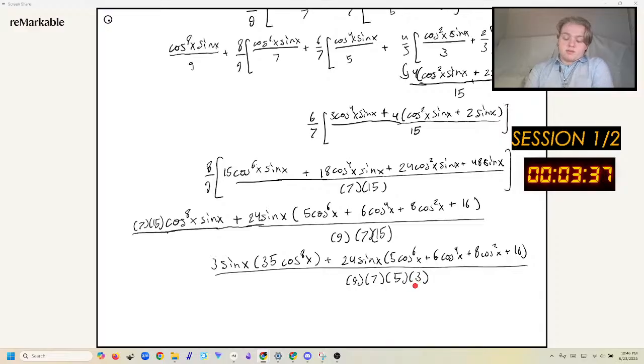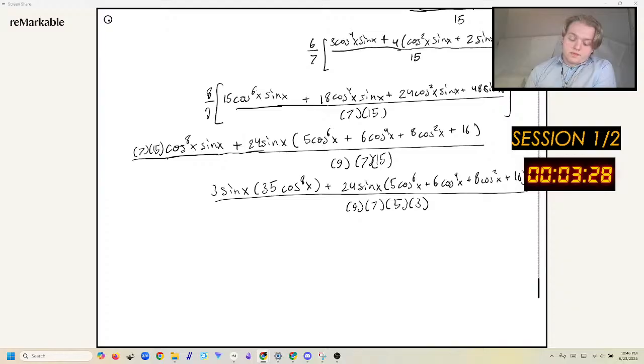We're going to split up that term so we can start doing some more simplification. So the first thing we're going to do is cancel this 3 with this 3, and then this 24, which will leave us with 8.